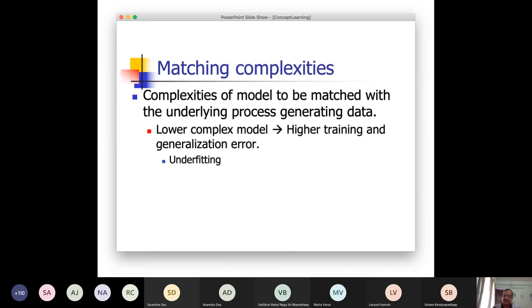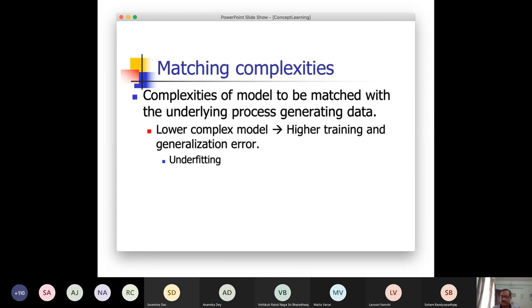Anyway, the situation when it happens, we call it underfitting. So we have chosen a model whose complexity is lower. You need a more powerful model. Suppose you are using only the linear form in your model for predicting output given input variables. That is less powerful than if you use a polynomial of degree 2, right?